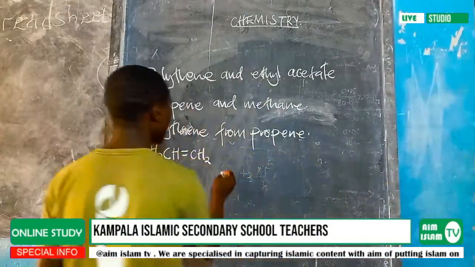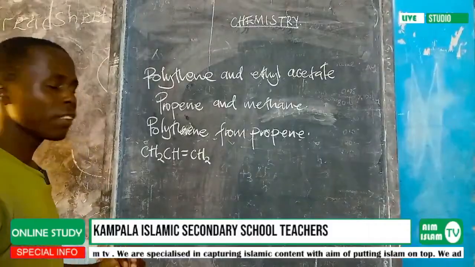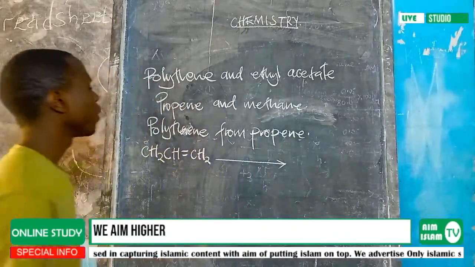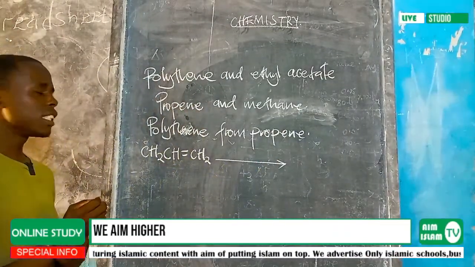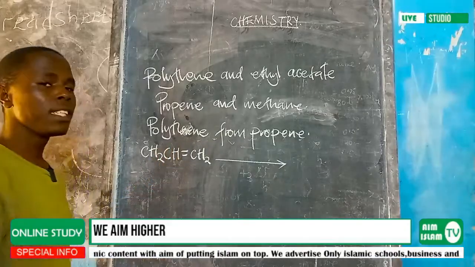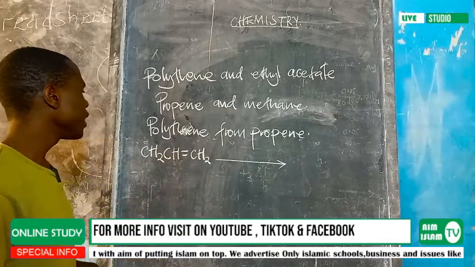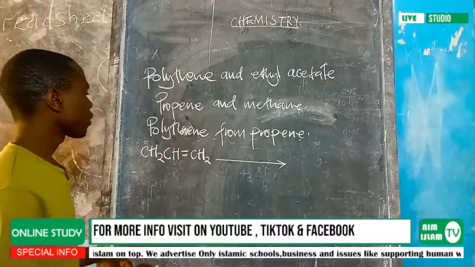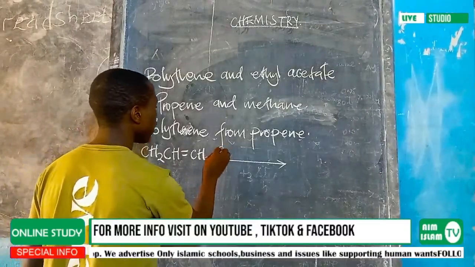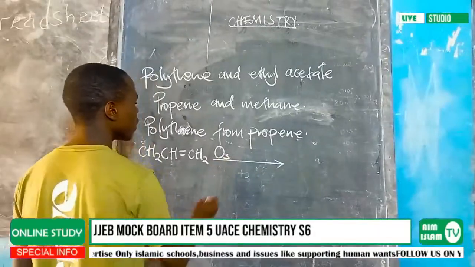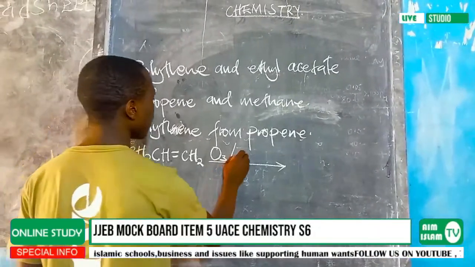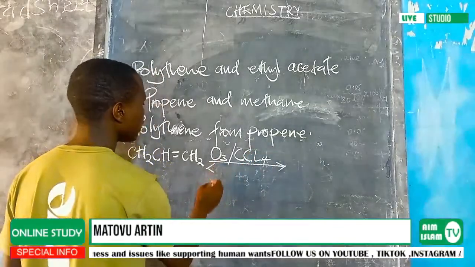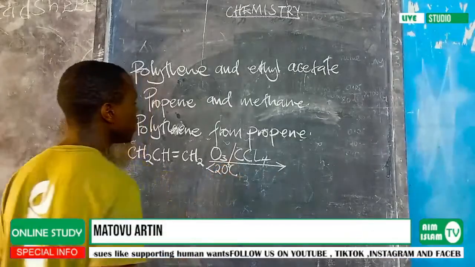To reduce these carbon atoms, for example, I'll go with ozonolysis. Ozonolysis will help me split this propene such that I obtain a product related to ethene. That is by addition of ozone in the presence of carbon tetrachloride at a temperature less than 20 degrees.